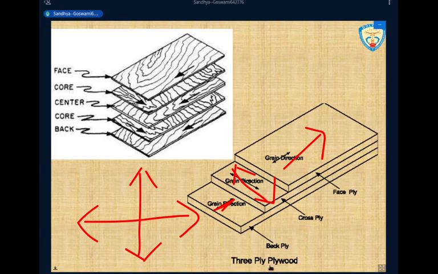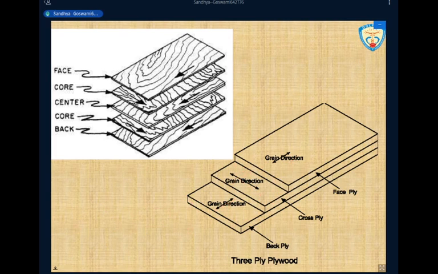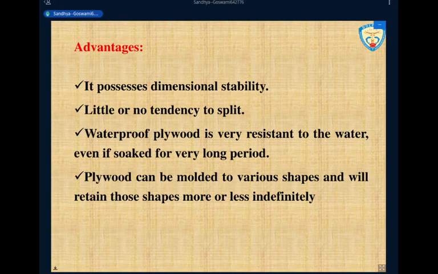Then the third, when you put it over, its grain direction should be like this. Then the fourth one, its grain direction should be like this. Then the fifth one will come, the base that we call normally. Again, its direction should be this. Okay, so every time it should be at 90-degree angle with the adjacent veneer. I hope it is clear to you all.